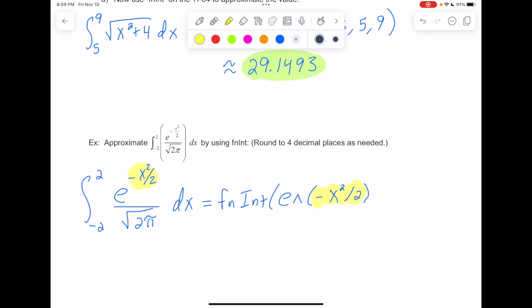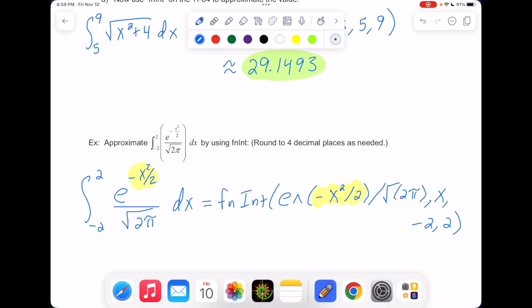If you don't have it in parentheses, you're not raising e to all of that, and we're supposed to. All right, and then the denominator, we do that by divided by the square root, open parentheses, 2 pi, end parenthesis on the square root. And then that finishes off the function, and then we'd say the variable is x, and the limits of integration are -2 and 2, and end the parentheses. So let's hop over there to the calculator and give that one a look.